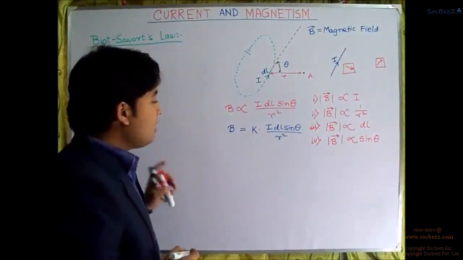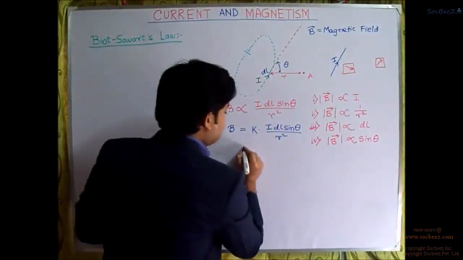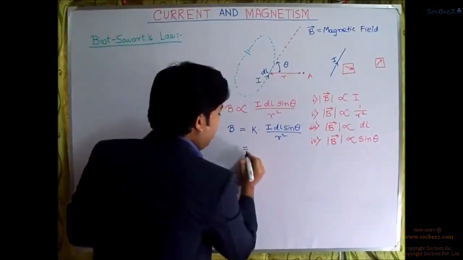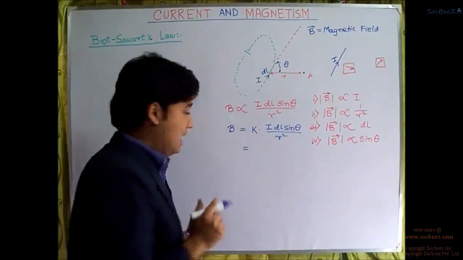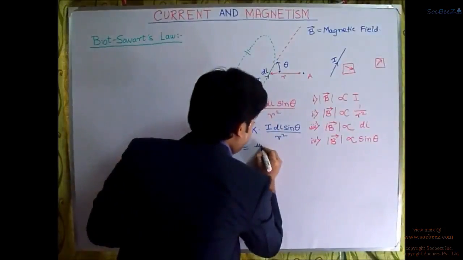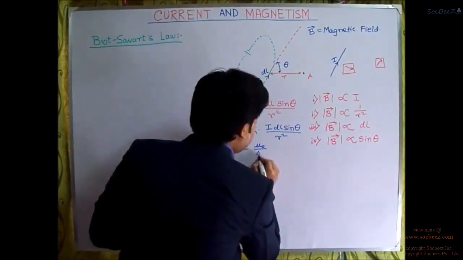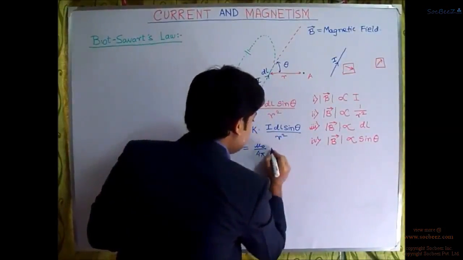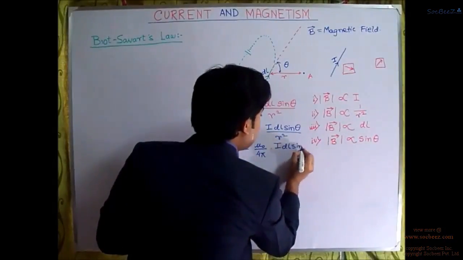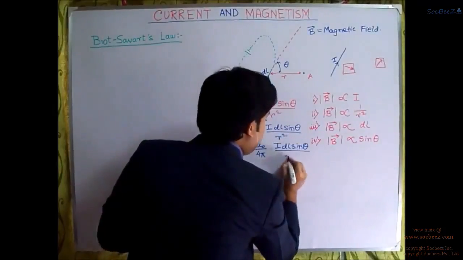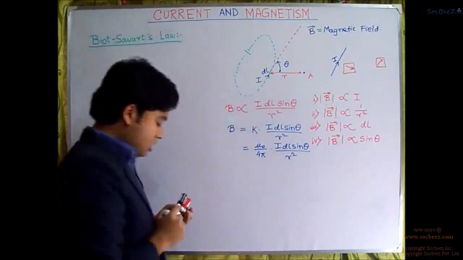Right? Now, it has been experimentally observed that the value of K is determined as mu naught divided by 4 pi, so B equals mu naught divided by 4 pi multiplied by I dl sine theta divided by r square.